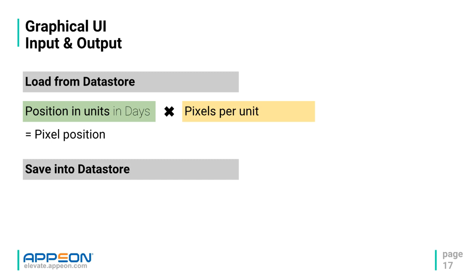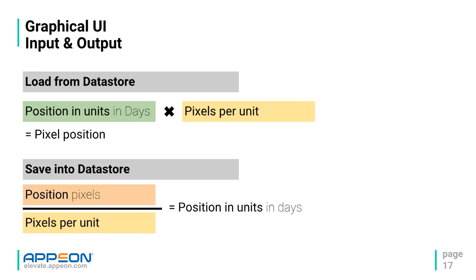Now, when you draw something in the calendar, you want to save that back to the data store, and that's pretty much the opposite. You have your pixel position divided by the pixels per units, and then you get your position in units. For example, you draw a new entry from the 13th to the 14th of the month.